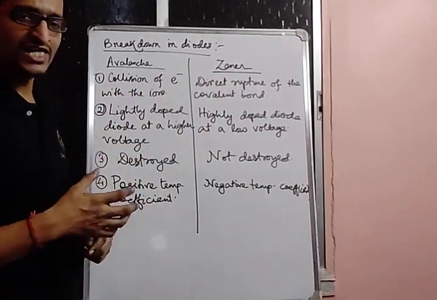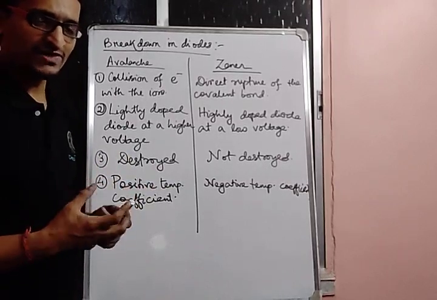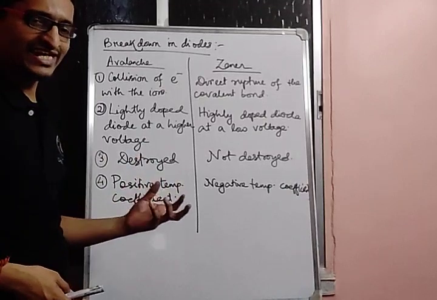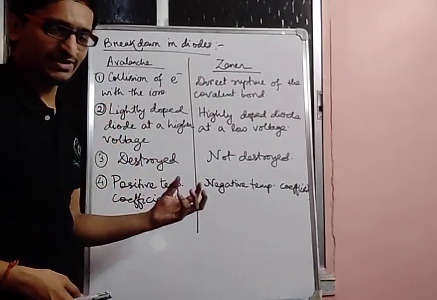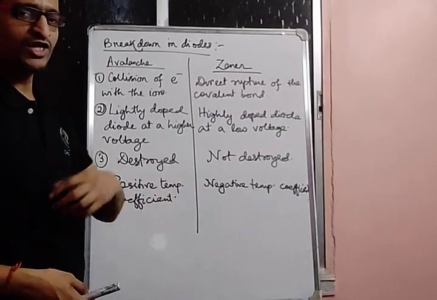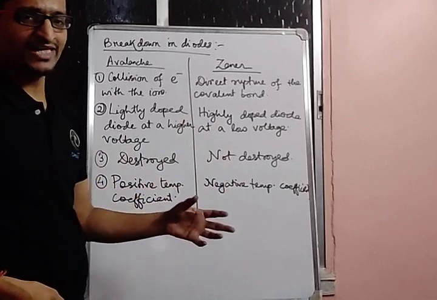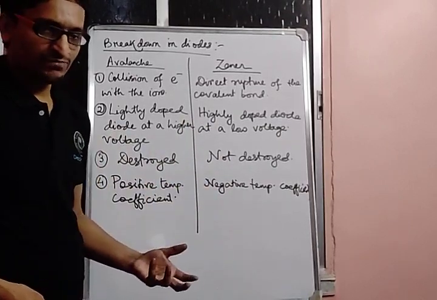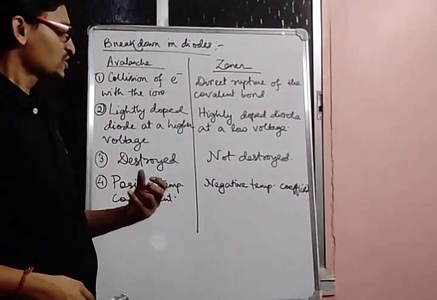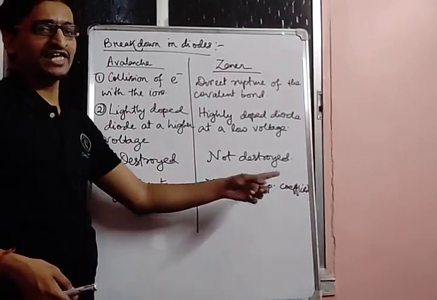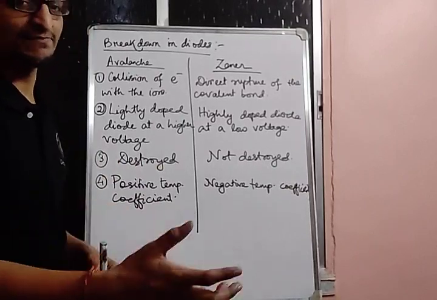As we increase the temperature of the diode, electrons gain sufficient thermal energy to move into the conduction band. As a result, Zener breakdown takes place at a lower voltage. So the Zener breakdown voltage decreases with increasing temperature, and we say they have a negative temperature coefficient.